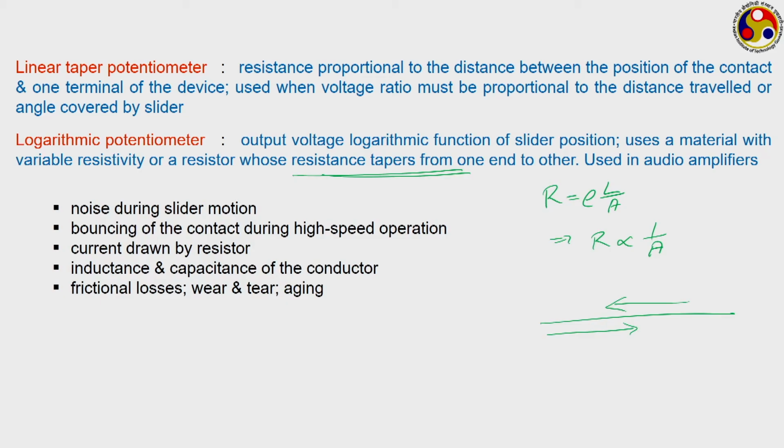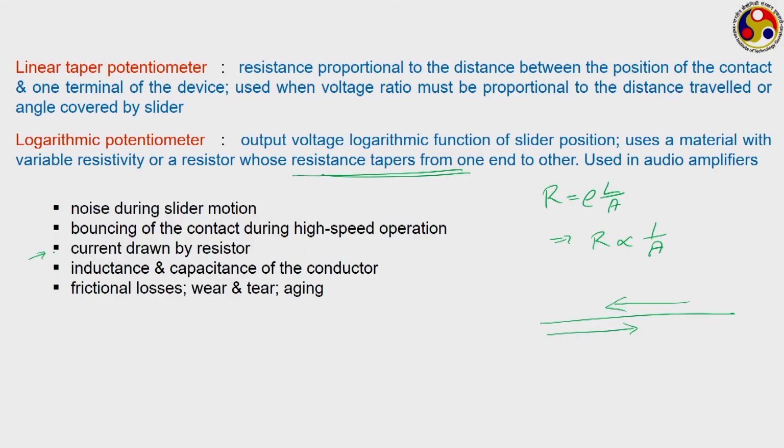If we want the contact to move very rapidly, it may bounce off the contact. Ideally the resistor coil should not have any inductance and capacitance, but practically it is not possible to find any conductor which has zero inductance and zero capacitance, so those effects can also come into play sometimes. And something that I shall be talking about shortly is the current drawn by the resistor itself.